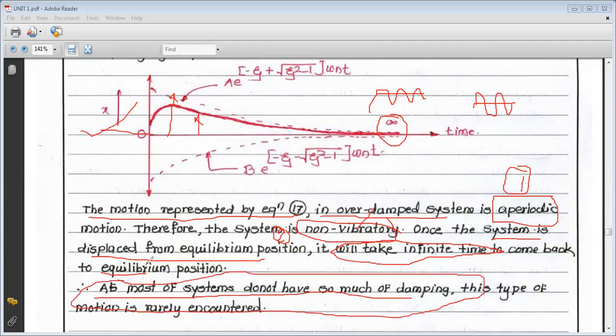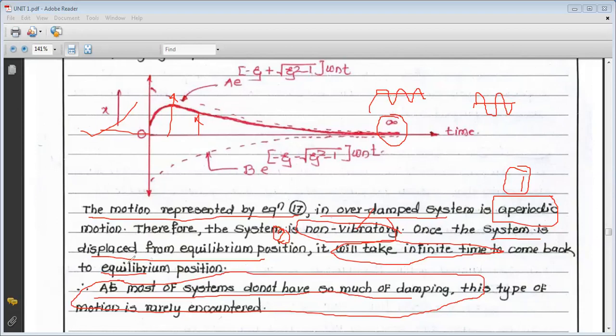So generally we do not use the overdamped system in any vibratory system. We use the other two types: the critically damped system and the underdamped system.